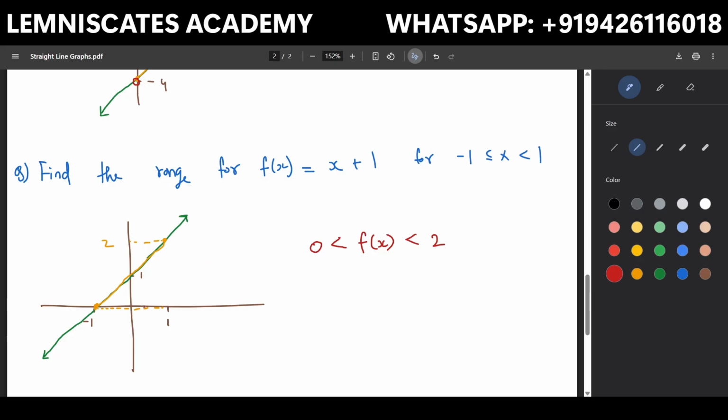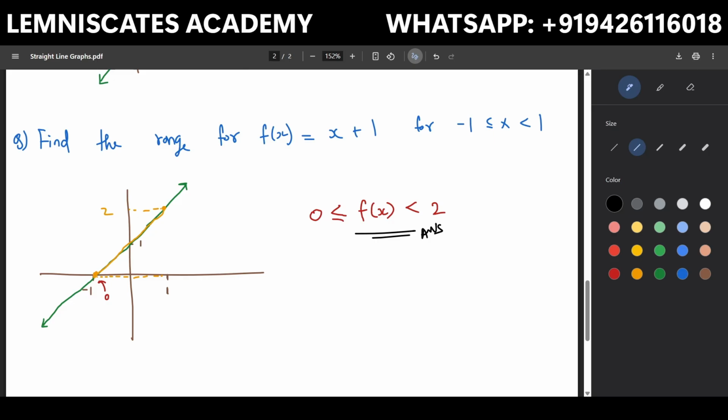Now you got 0 as the output over here because x was equal to minus 1. Is x equal to minus 1 part of the domain? Yes. So 0 will be part of your range. And similarly, as x equal to 1 is not part of the domain, 2 will not be part of your range, and that becomes your final answer over here.